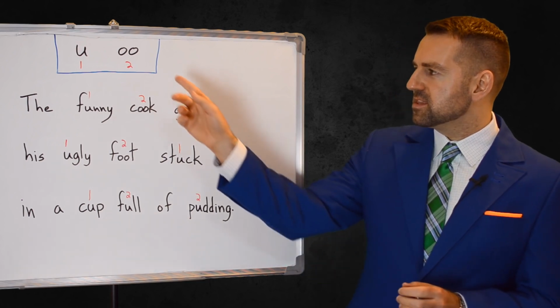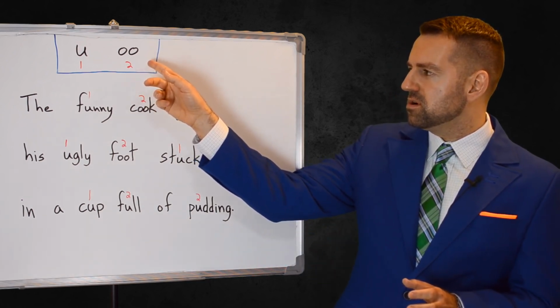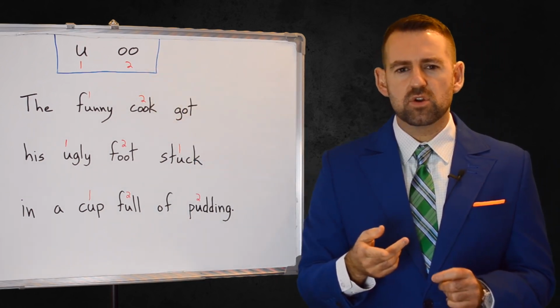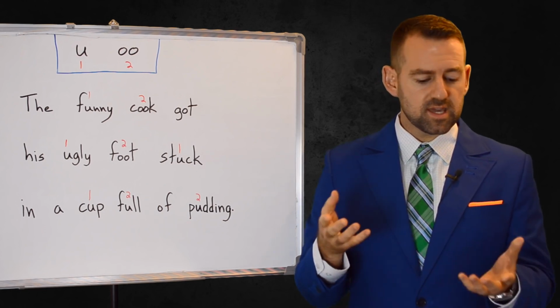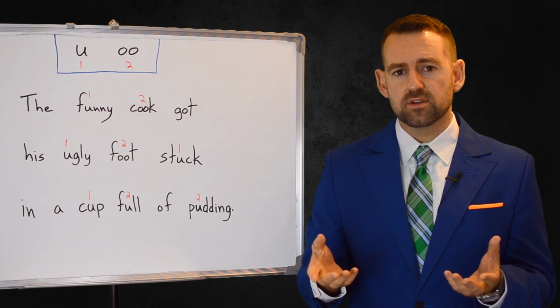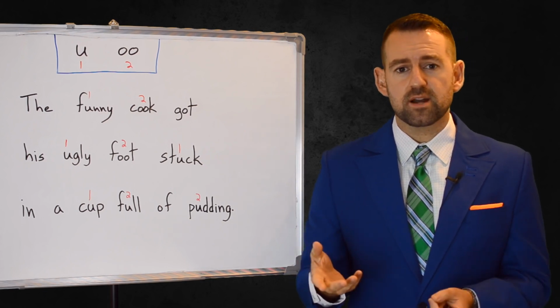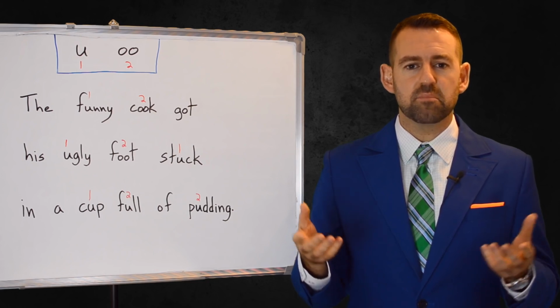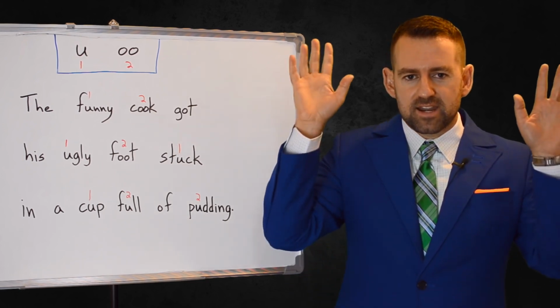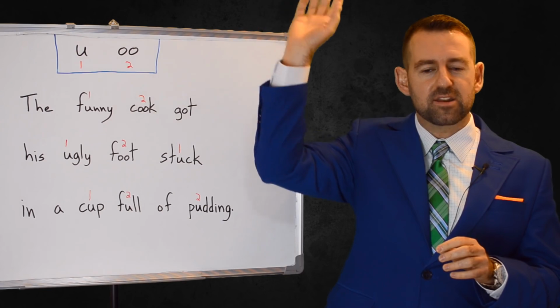Okay, now you might be wondering when the letters O, O make the sound and when they make the sound oo, because they can make both sounds in different words. For example, the word moose. Okay, a moose is a big animal that lives in Canada with the big antlers.